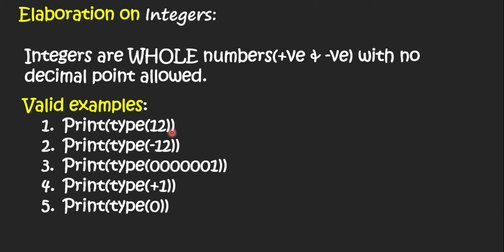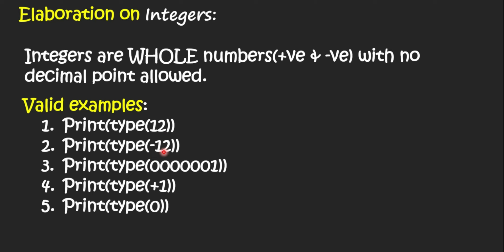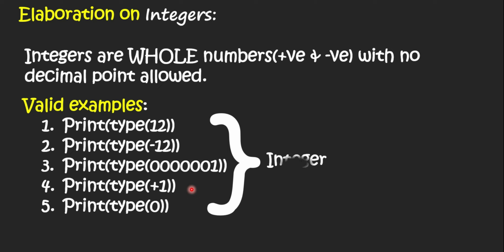As we know, the output of this would be integer. The second example is negative 12, which is also a valid integer. The third one, 0001, is also a valid integer. Plus 1 is also a valid integer, and 0 is also a valid integer. So the output of all of these is going to be integer.